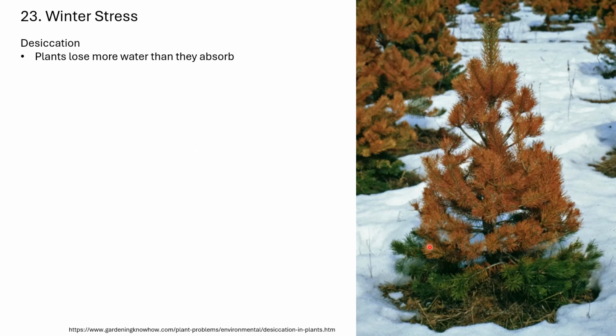And we see that in these evergreen trees here that aren't looking so green at the tops, perhaps due to insufficient amounts of water. And perhaps that's because they are losing more water than they're able to absorb.